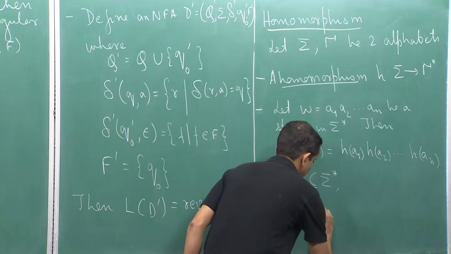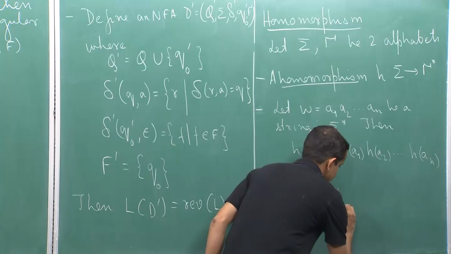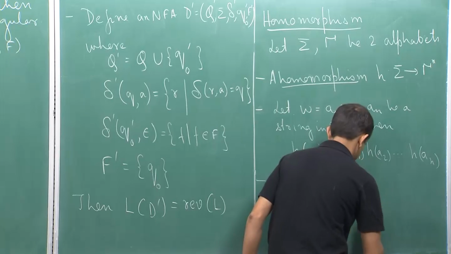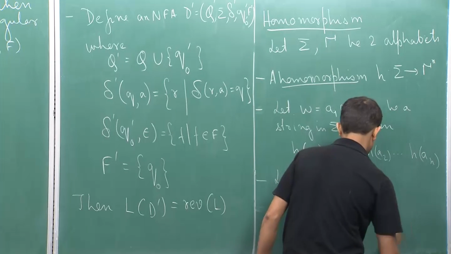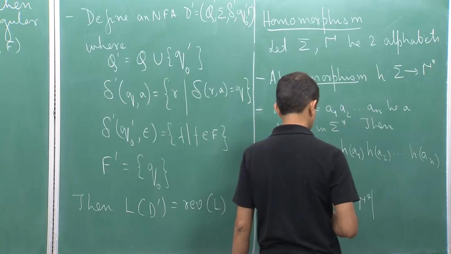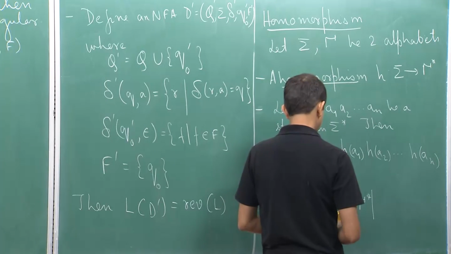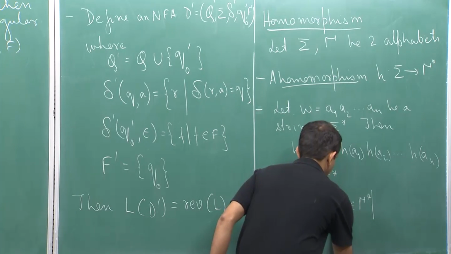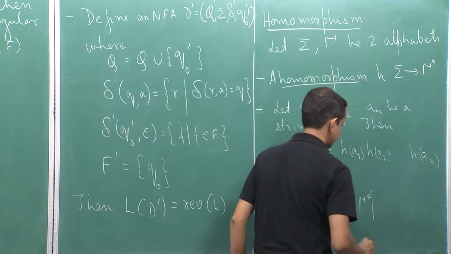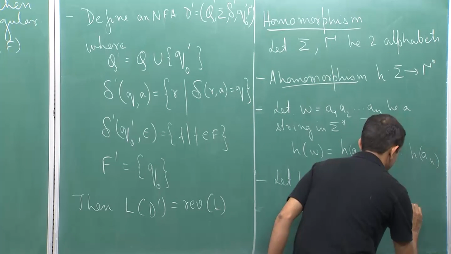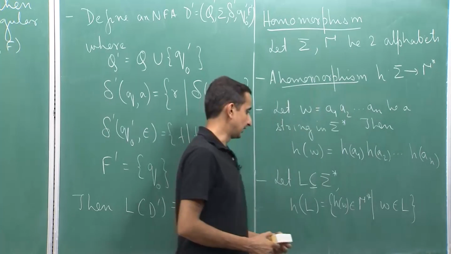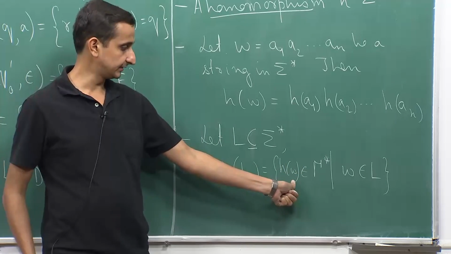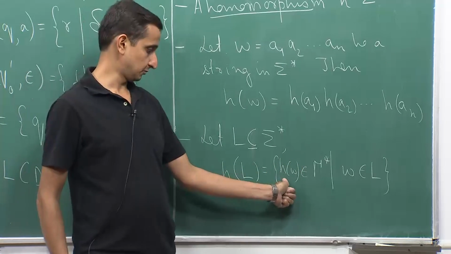H of L is defined as the set of all strings H of W belonging to gamma star such that W belongs to L. Okay. So I look at all strings W that are in the language L, and I look at the map of that string with respect to the homomorphism H.